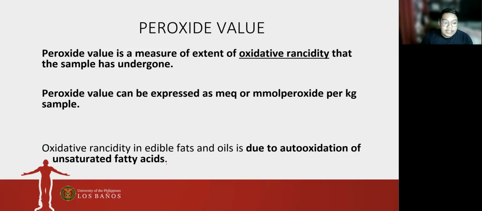Okay? And the PV value can be expressed as milliequivalent of peroxide per kilogram of sample or millimole of peroxide per kilogram of sample.